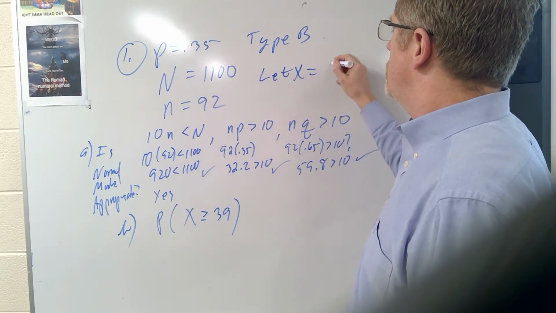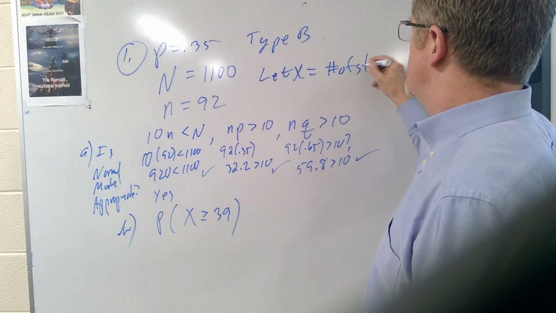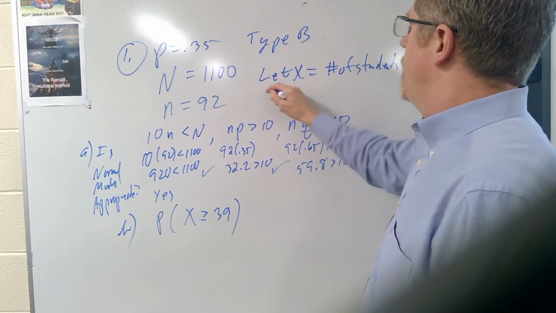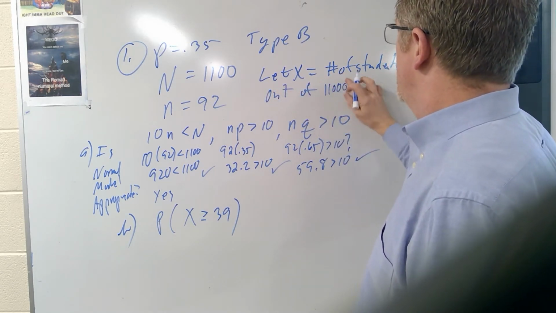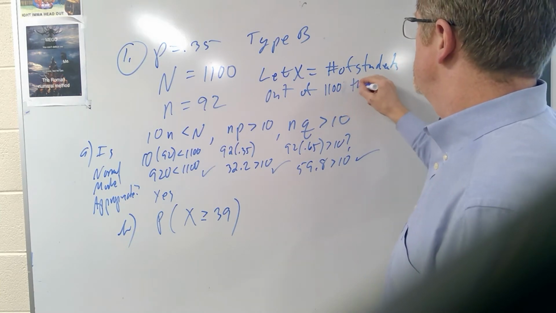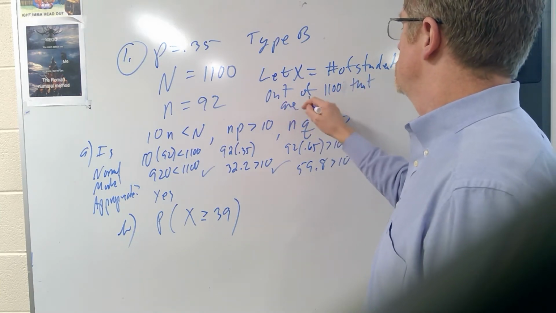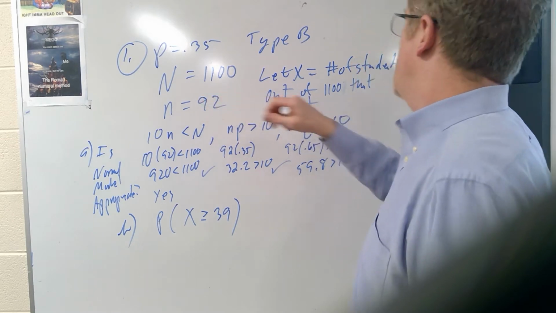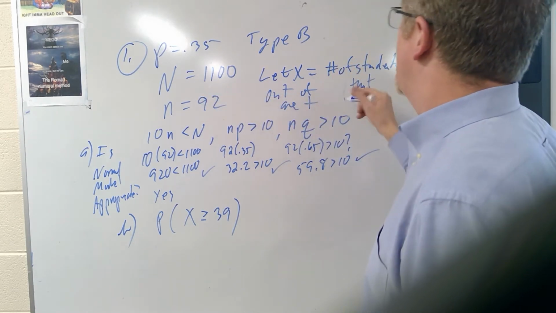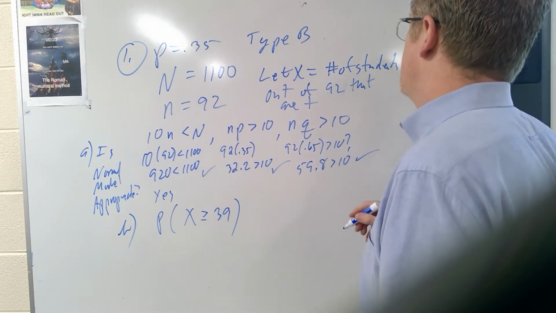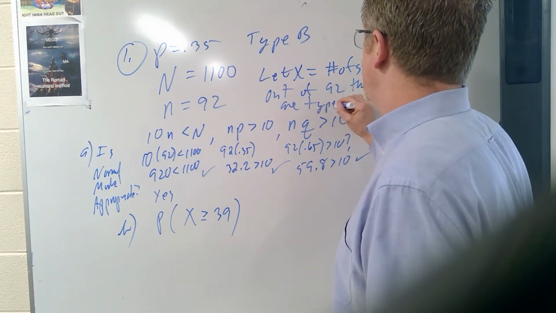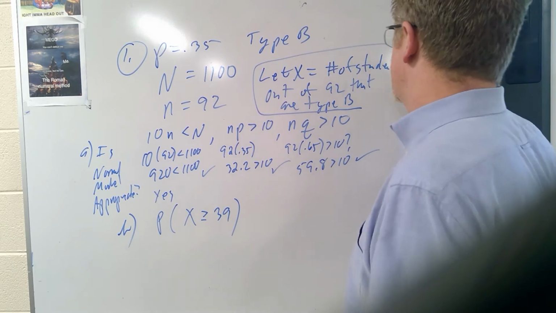Let X equal the number of students out of 1,100 that are type B. Is it 1,100 or 92? No, oh yeah, you're right. It's not out of 1,100, it's out of 92. Good call, I made a mistake on that. Out of 92 that are type B. Okay, so that's what X is.